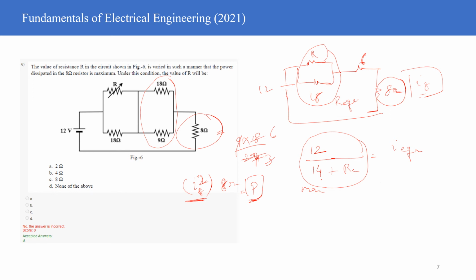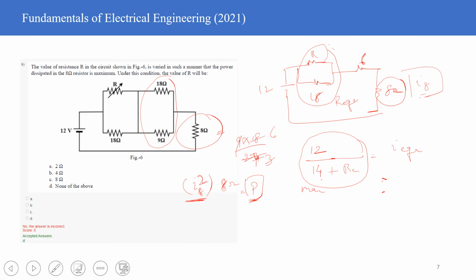So here, if you see, these two things are in parallel. This is in series. I have summed the series thing with this particular element, and then I have divided 12 by it. So the equivalent current is given by this, and this is nothing but I8, right? So when is this going to be maximum?